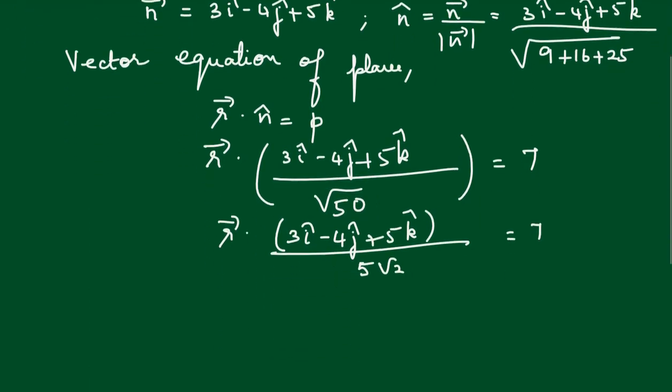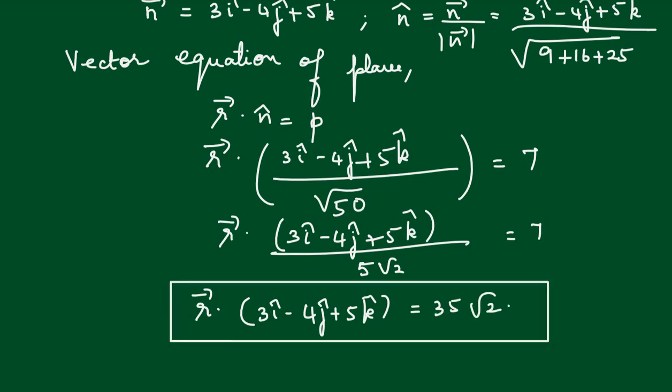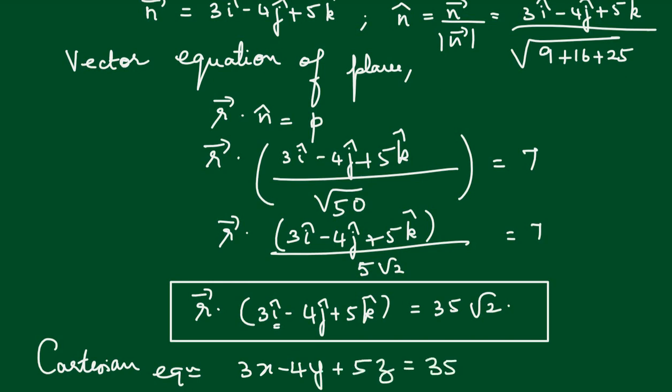In other words it can be written as r vector dot (3i minus 4j plus 5k) is equal to 35 root 2. If the Cartesian equation is needed, just replace i, j, k by x, y and z and we get the Cartesian equation, which is 3x minus 4y plus 5z is equal to 35 root 2.